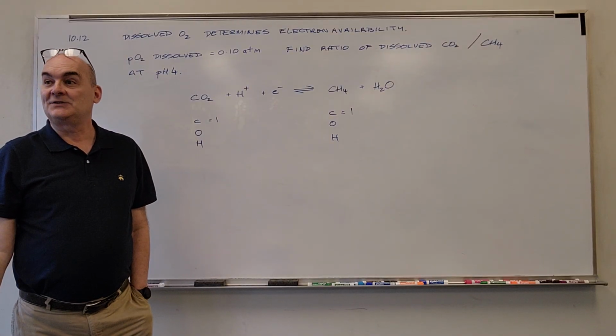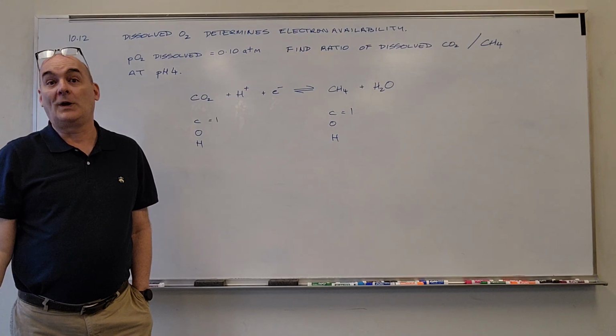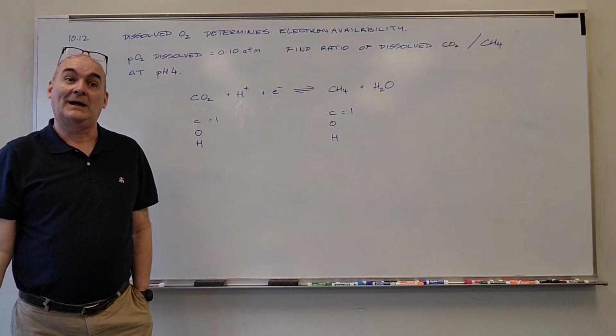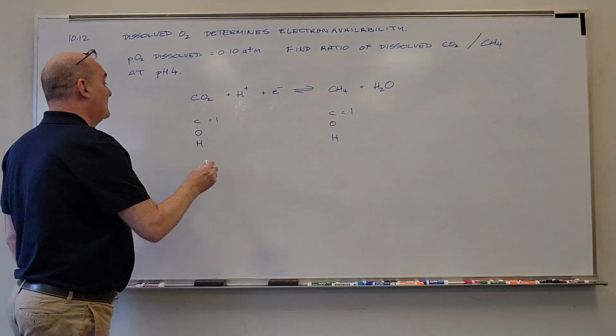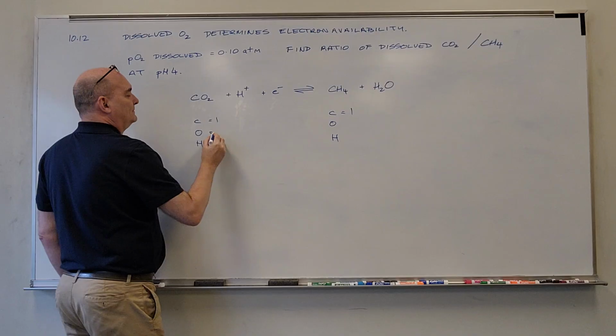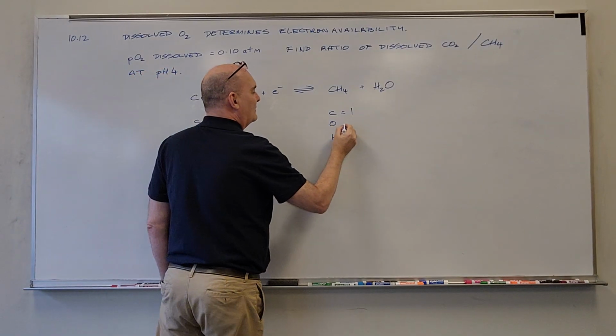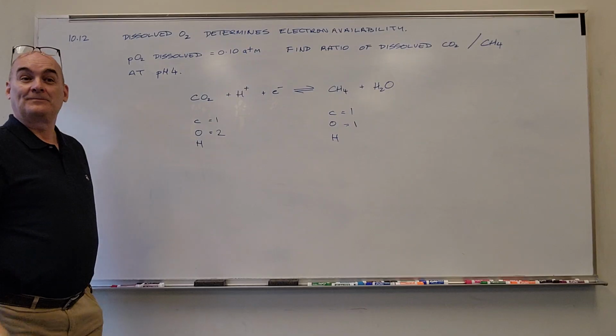This means that the carbon to methane ratio is 1 to 1. I doubt we'll be changing this number. Okay. How many oxygens are on the left-hand side? 2. How many oxygens are on the right-hand side? 1. I'm going to have to fix that.